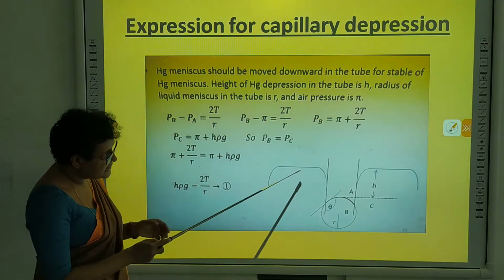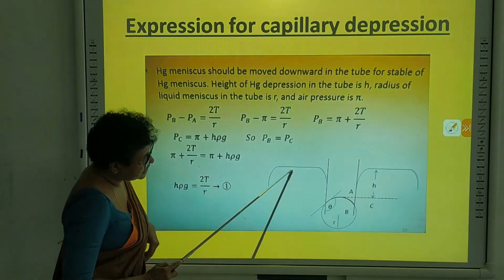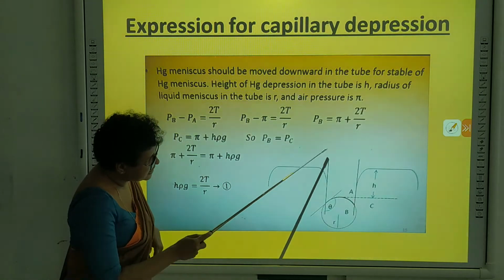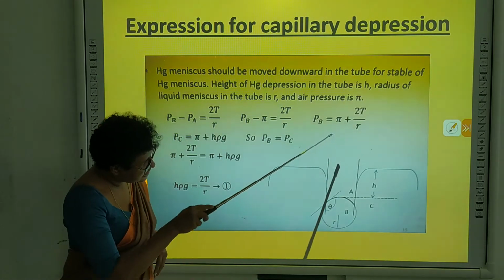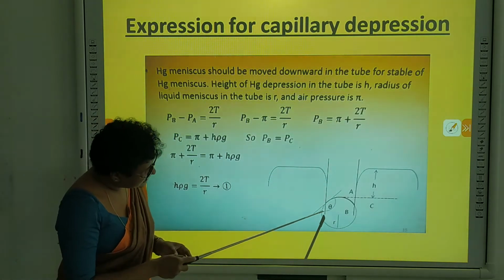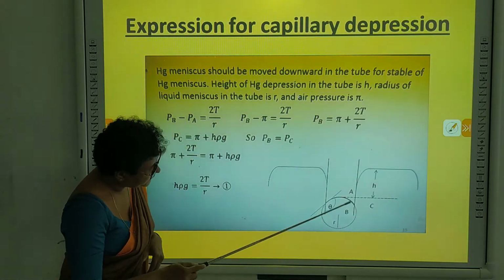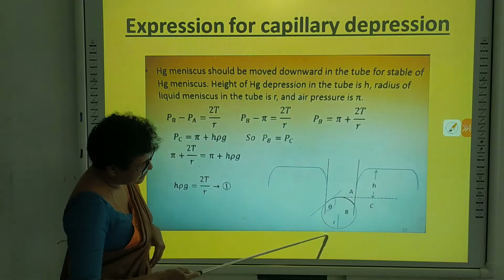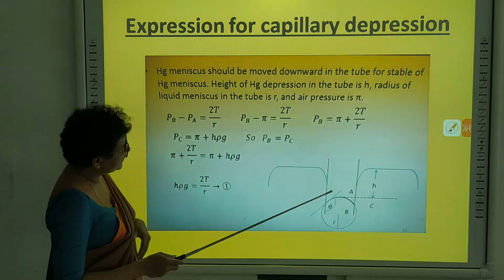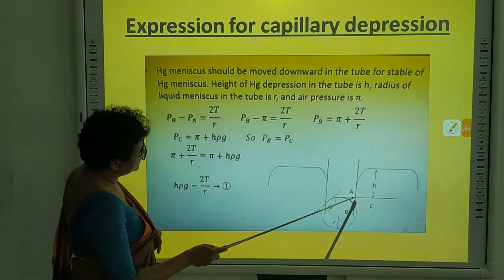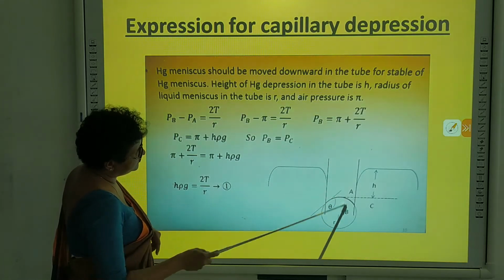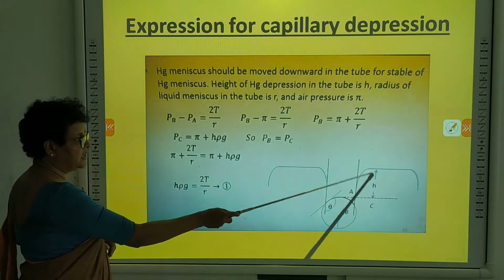Now look here, this is the surface of the water or a liquid. Now this is the capillary tube. Now it has depressed like this. This is the meniscus. This is theta, an obtuse angle. Small r is the radius of this bubble. Capital R is the radius of the capillary tube. h is the depression.